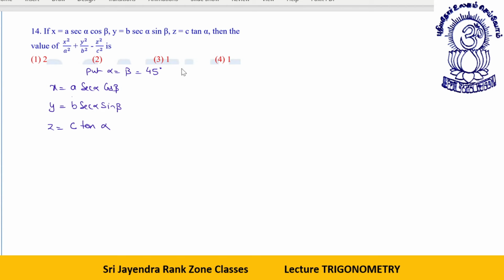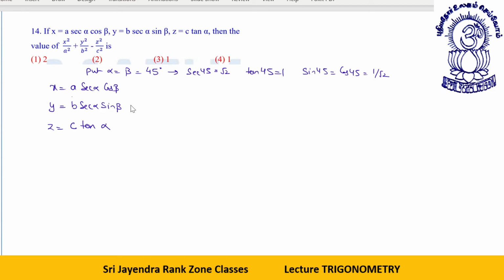Then what happens? We know secant 45 is root 2. Tan 45 is 1. And sin 45 is equal to cos 45 is equal to 1 by root 2.